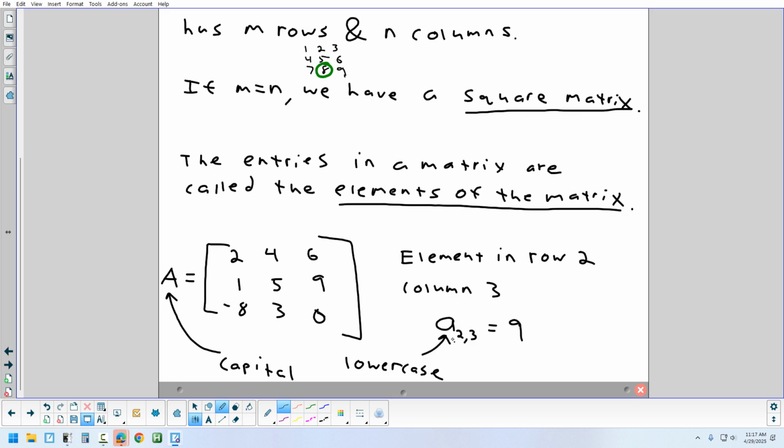Starting with 0 can be a little confusing sometimes, because then you can forget, oh yeah, I had row 0. So we don't do it that way. We start with 1, 2, and then 3. Any questions on the notation that you use to find a particular element?